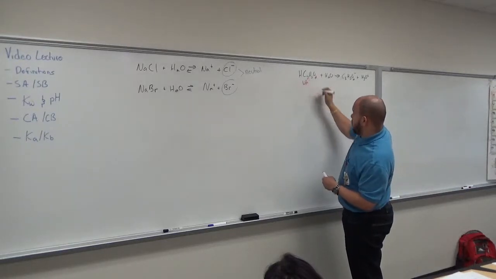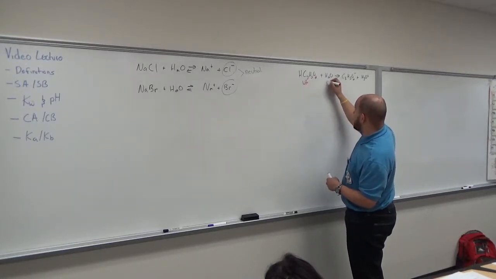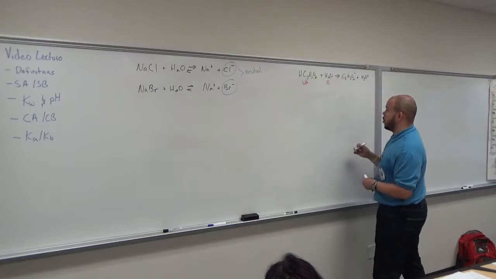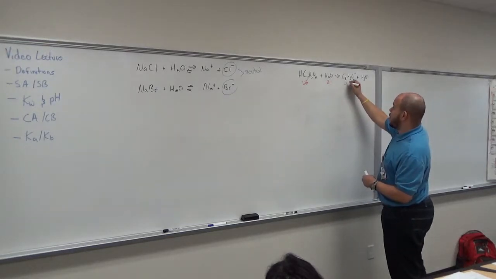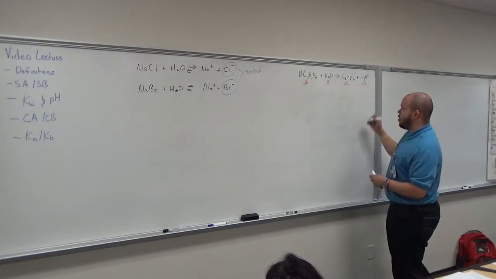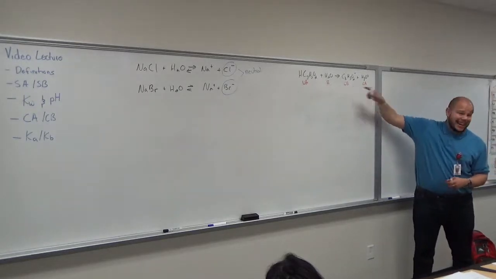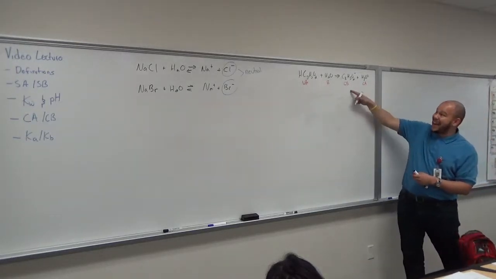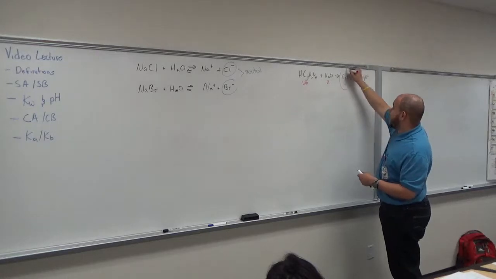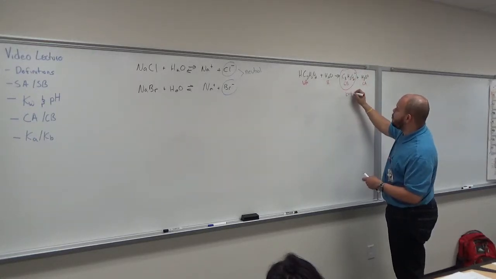We have water, which is the base in this particular case. We have the conjugate base and the conjugate acid. This is an anion, but however, this anion is no longer neutral, it is basic.